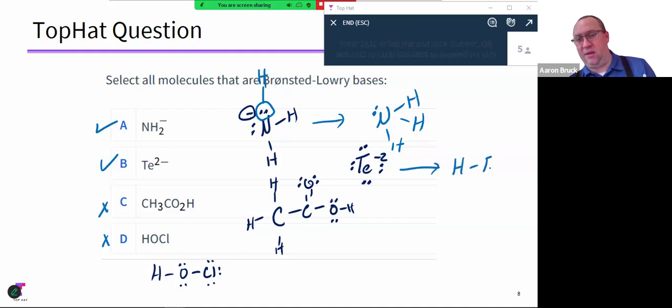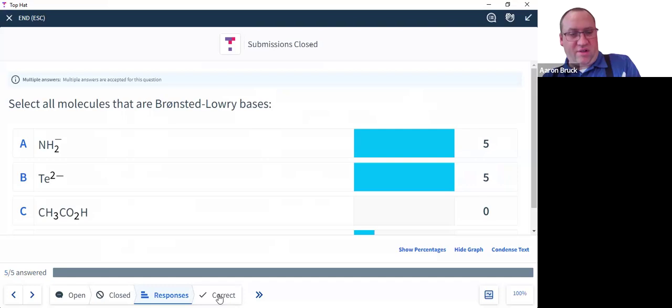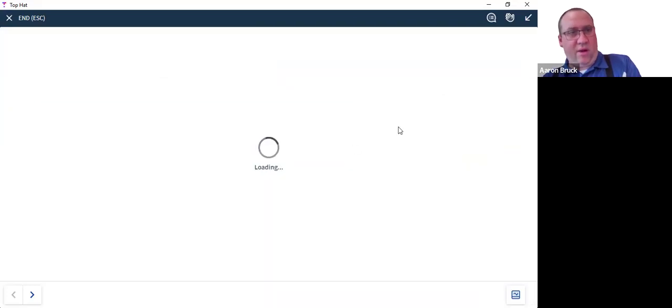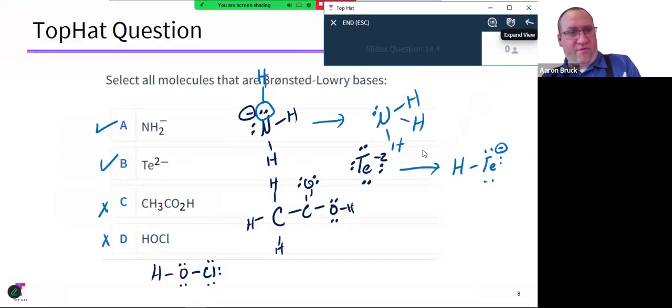And if I add a hydrogen here, I'll be at the intermediate state between H2Te and the telluride ion. So that's definitely in the right direction as well. And yes, they agree with us on that one. So good job for them.